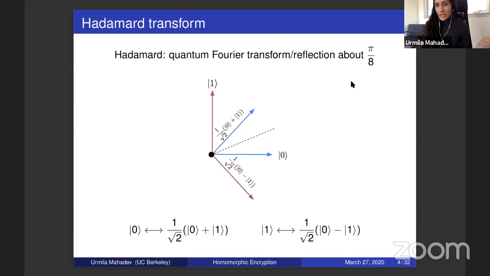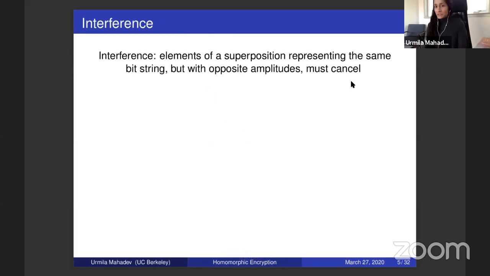Now that I've introduced the Hadamard transform, I can tell you what interference means. Interference says that elements of a superposition representing the same bit string, but with opposite amplitudes, must cancel. And you can see this with the Hadamard transform. If I apply it to a uniform superposition over 0 and 1, I should get 0.